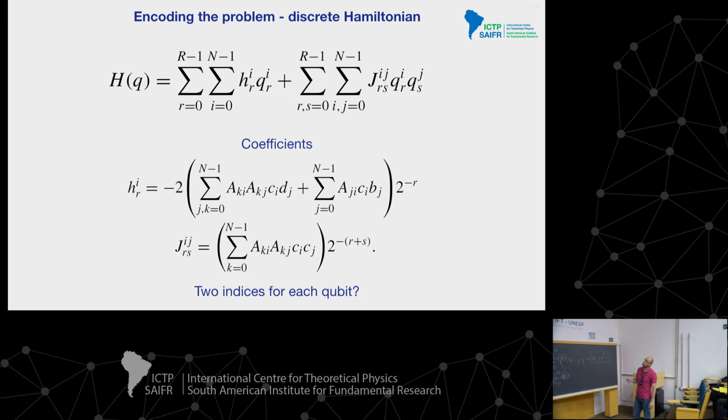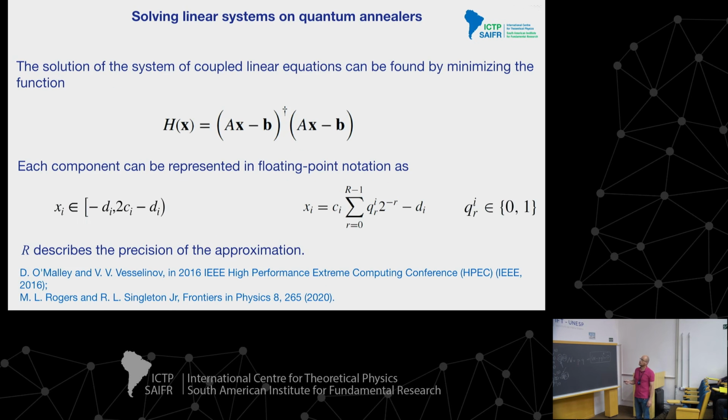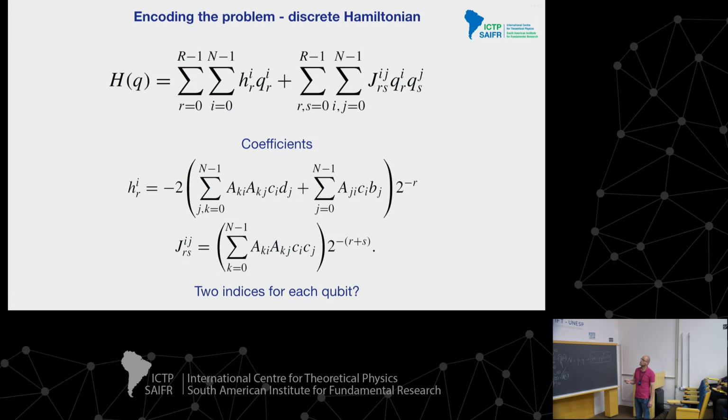Okay, if you replace each component of this vector x and the components of the vector b, that are components b_i, if you substitute here, what do you get? Of course, you can see that you obtain a quadratic expression, and this expression can be rewritten in this way.